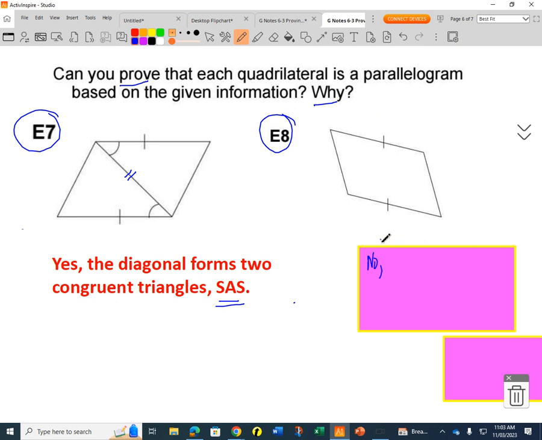We need either both pairs of opposite sides congruent or this same side would have to be congruent and parallel, right? So no, because we only know that one pair of opposite sides is congruent.